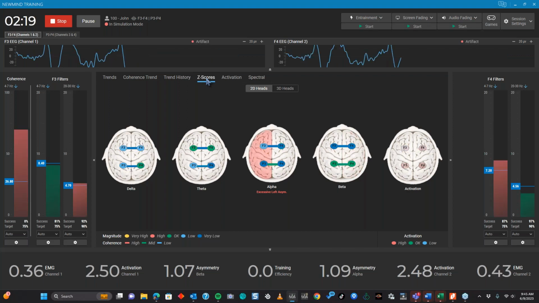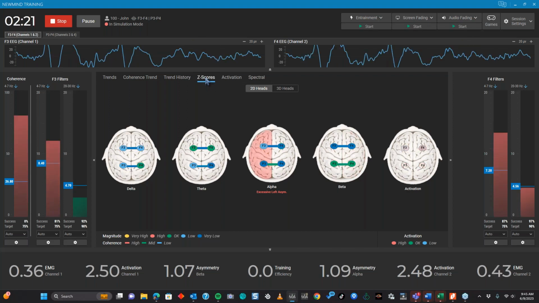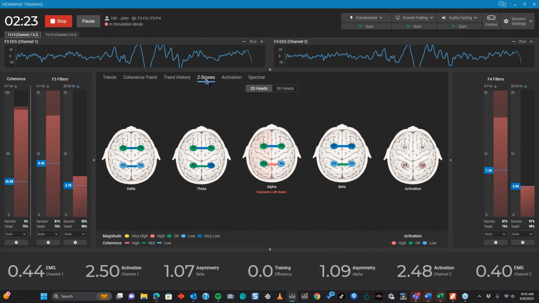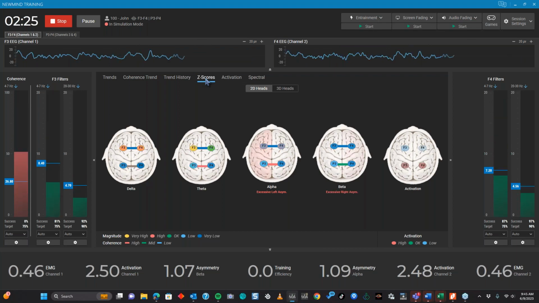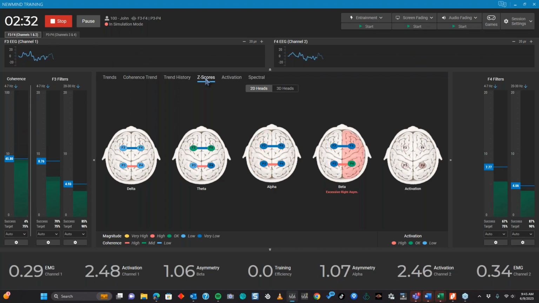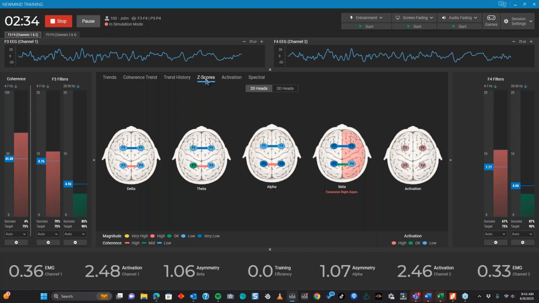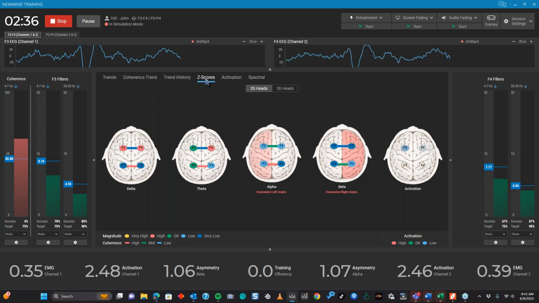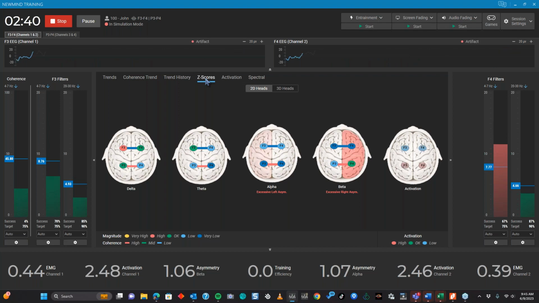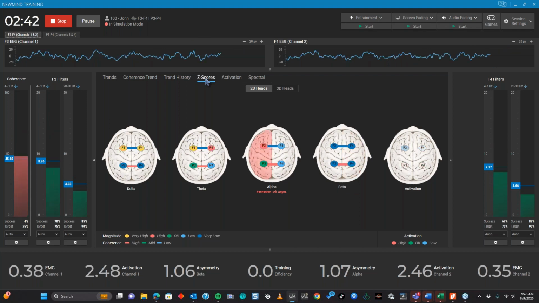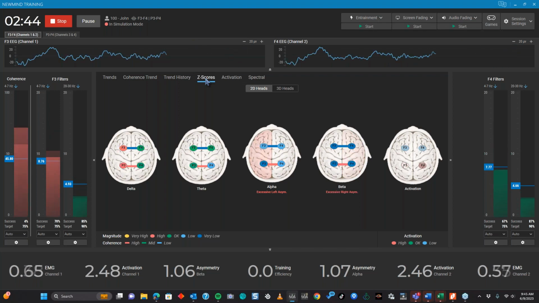So I just want to say it now. You're going to get a delay in your screen when you click on z-scores. Your software is not broken. There's not a bug in it. It just has to load up. And depending on how fast and how powerful your computer is will really determine how long that takes.